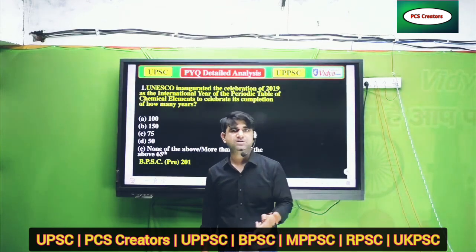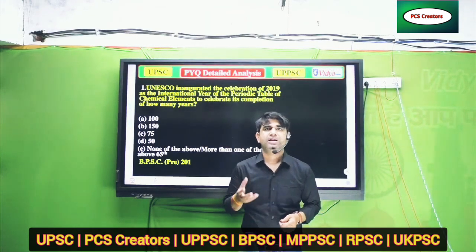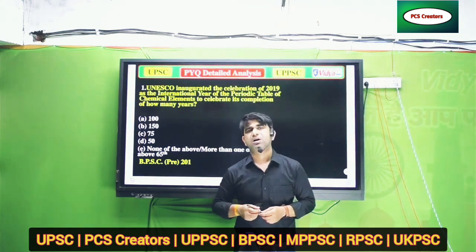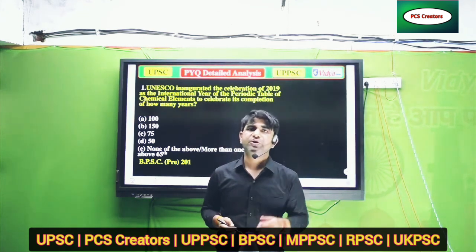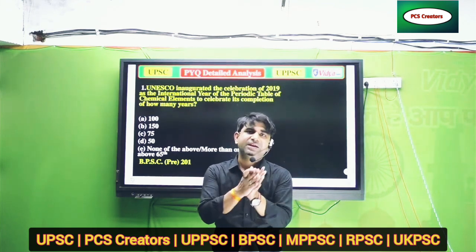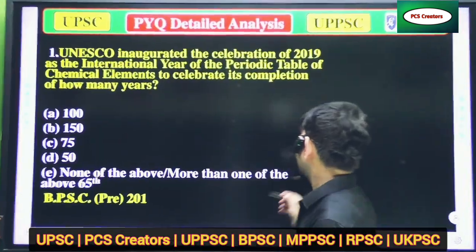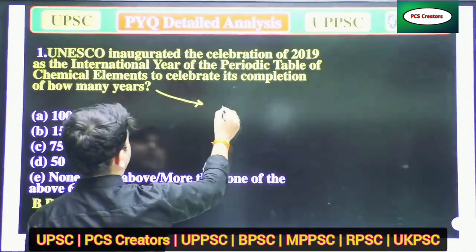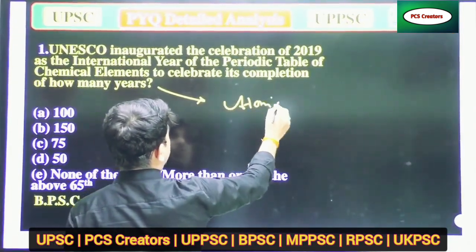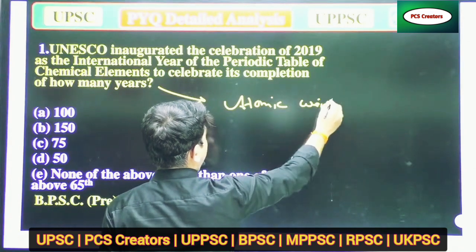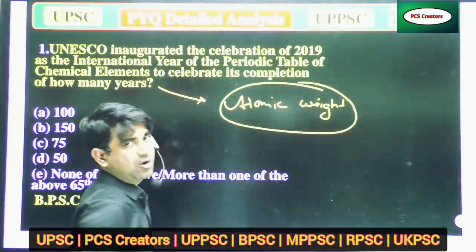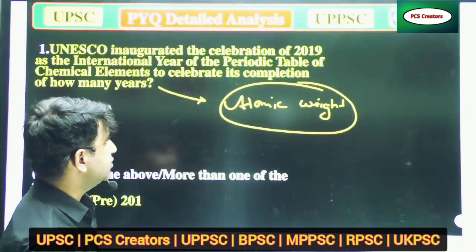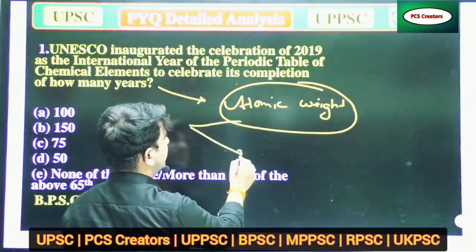Mendeleev arranged all the elements on the basis of atomic weights, in increasing order of atomic weights. But after that, there was a scientist, Moseley.